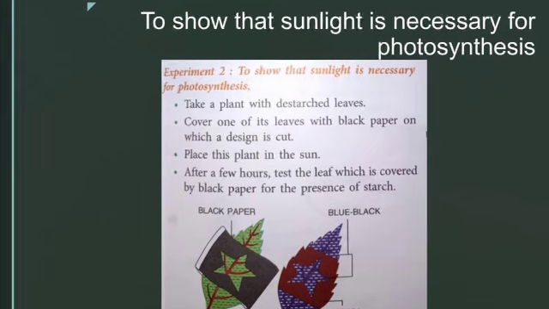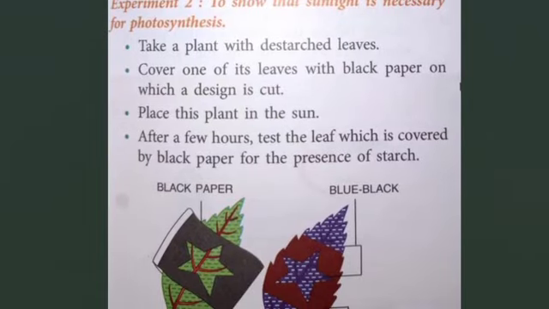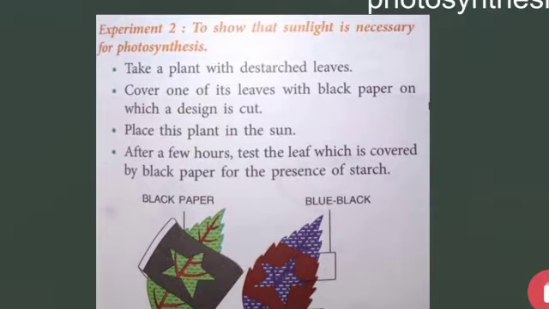In this experiment, we'll take a plant with a destarched leaf. We'll cover one of its leaves with black paper with a design cut out. Why are we using black paper?